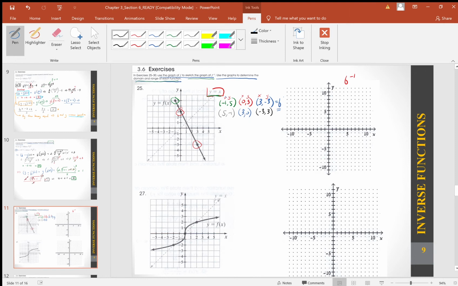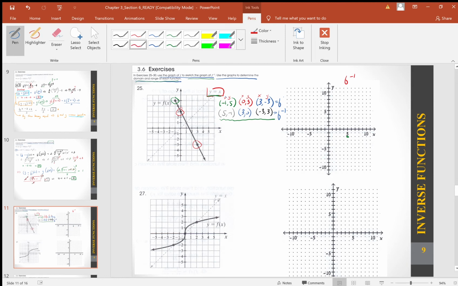And this is going to be your inverse function, the points. Okay, that's the points now. So we want to plot this. This is what we're going to plot right here. Okay, so 5 and -1 out here, 5, and this is right here, -1.